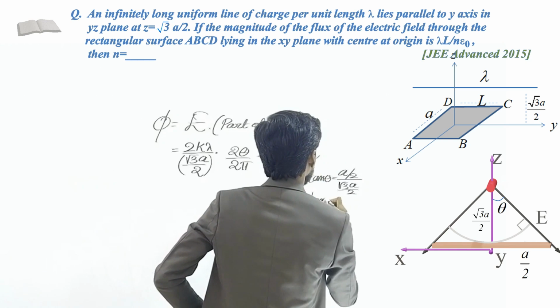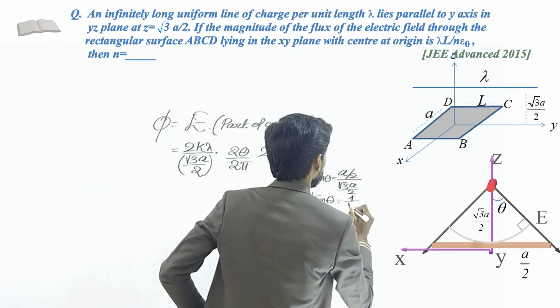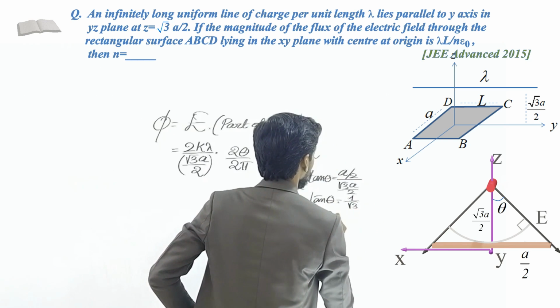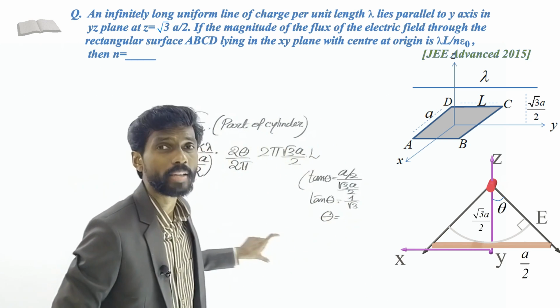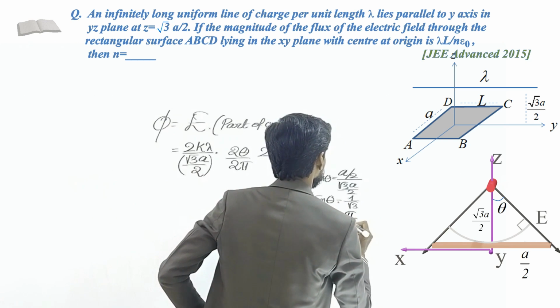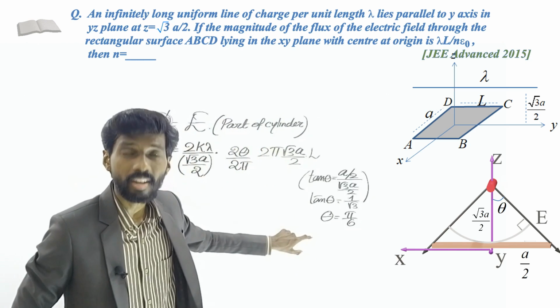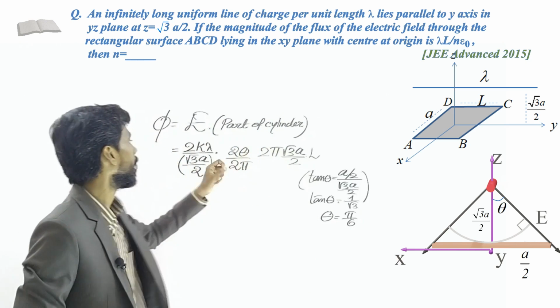If you cancel this, tan theta is 1 by root 3. So that means theta is 30 degrees or pi by 6. This value of theta can be substituted here and simplified.